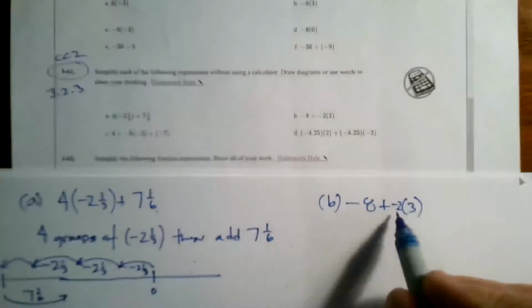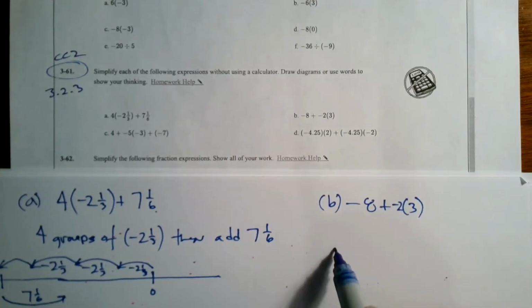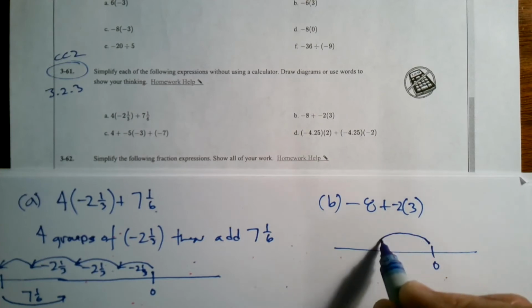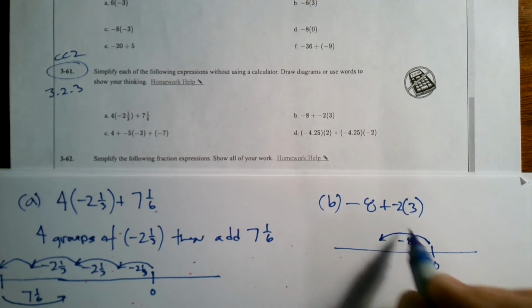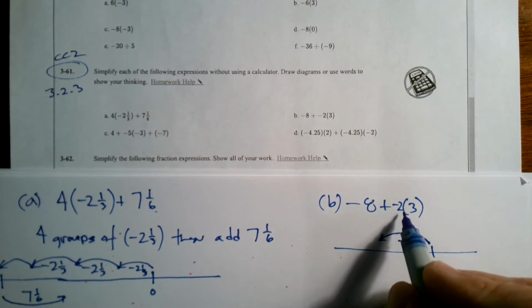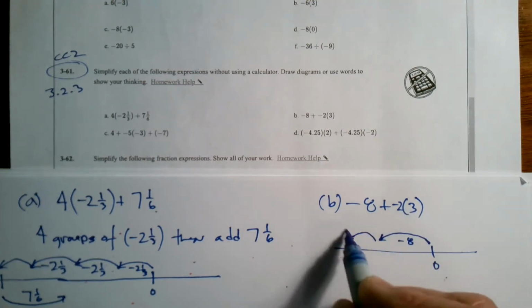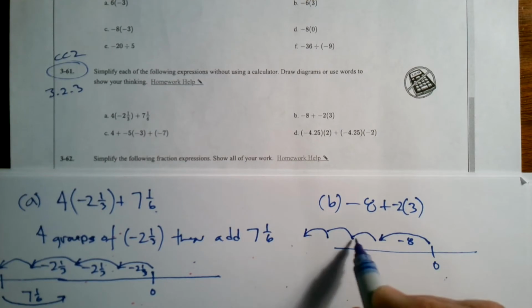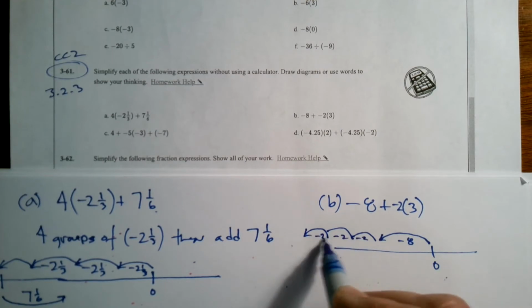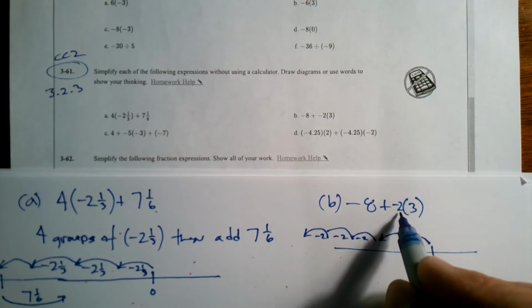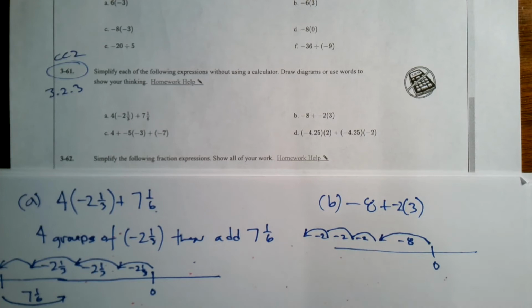If we look at this visually, I'd start at 0 and go -8 in this direction. Then I'm adding -2 times 3, which we can look at as 3 groups of -2, which would hop even further out. So that's visually what it might look like.